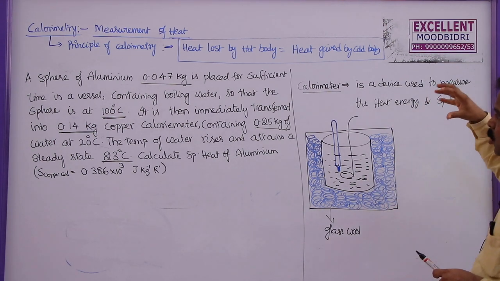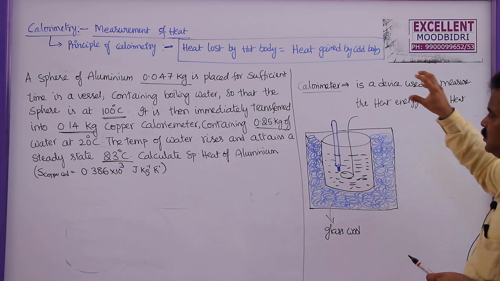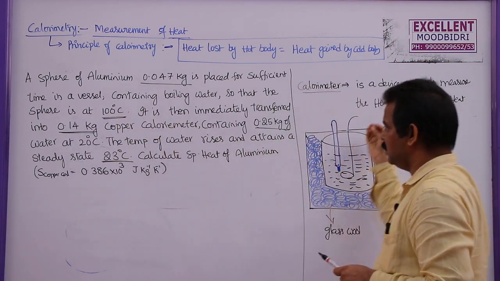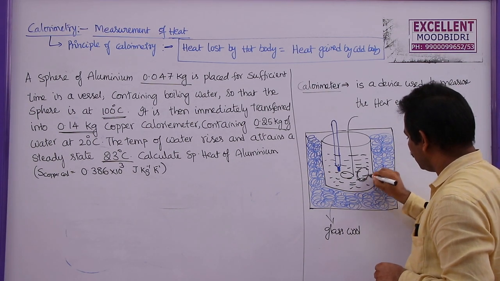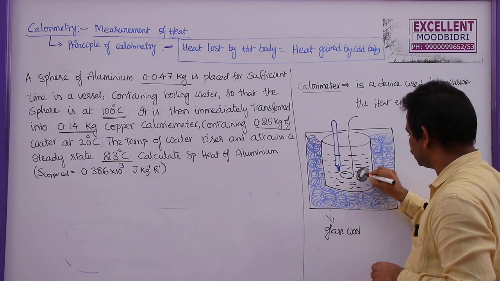Now, the hot aluminum sphere, which is initially at 100 degrees centigrade, is transferred into this one. So, an aluminum sphere is placed inside this.